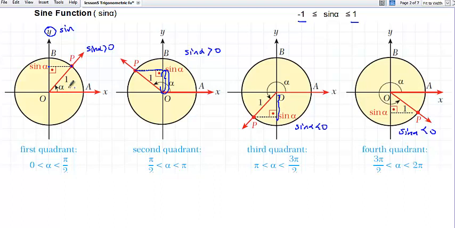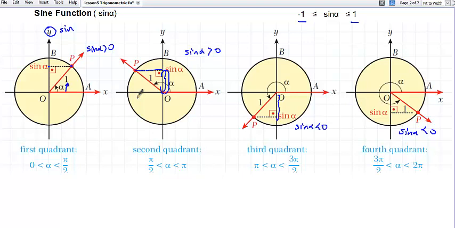And this is the last point about sine alpha. When you increase the angle in the first quadrant, sine alpha is also increasing, as you see here. When you continue to increase the angle, after 90 degrees, sine alpha starts to decrease. Sine values are decreasing and it becomes 0 here.